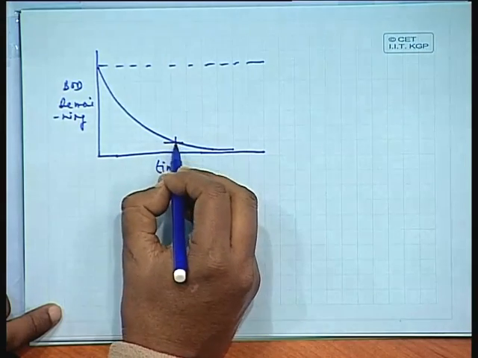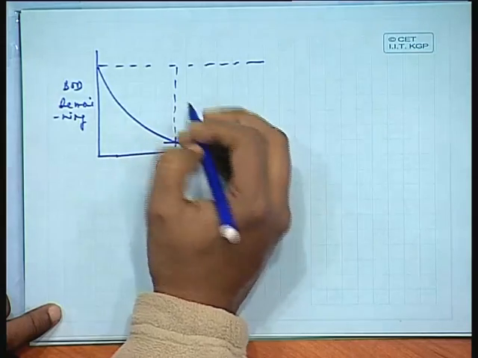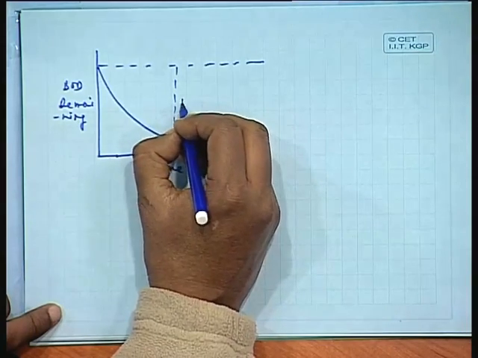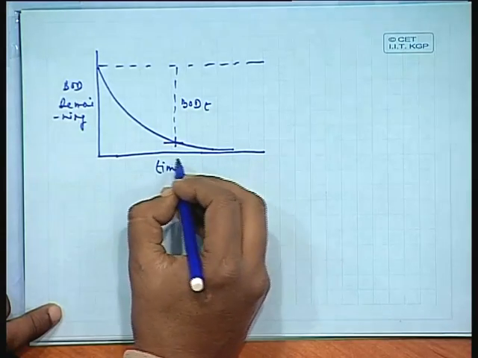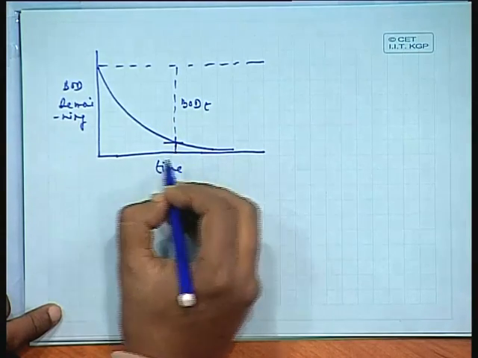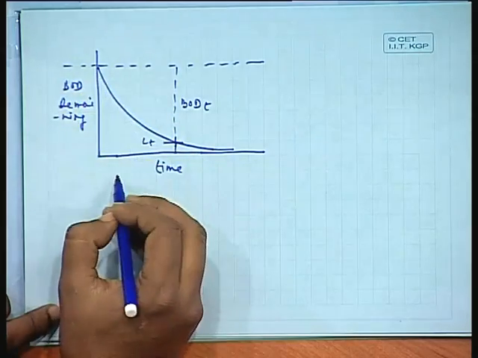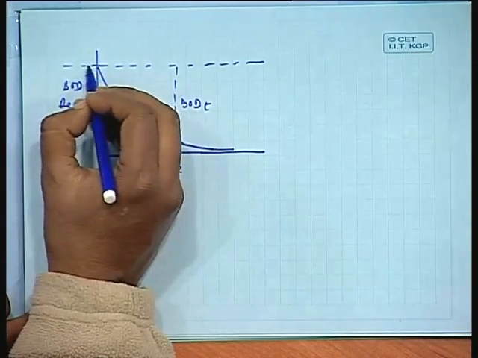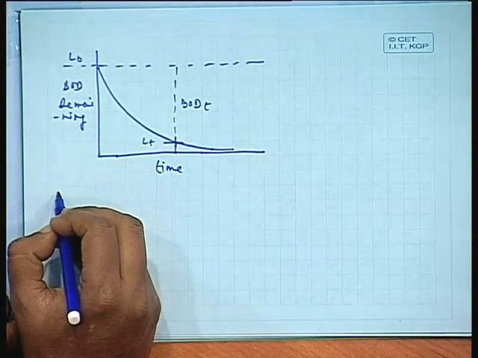As you can see, this is BODT, this one is LT, the remaining LT. This is the ultimate demand at the start, L0.